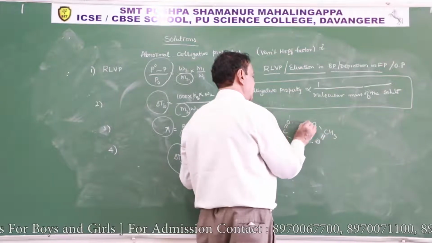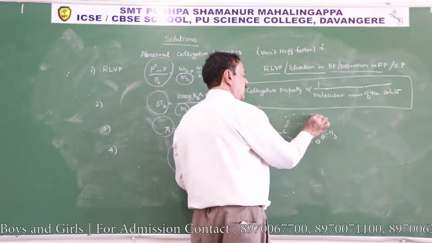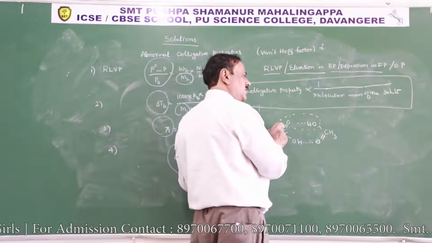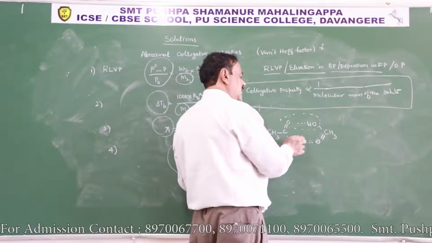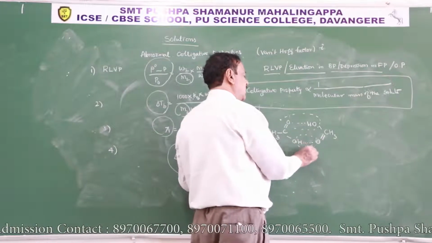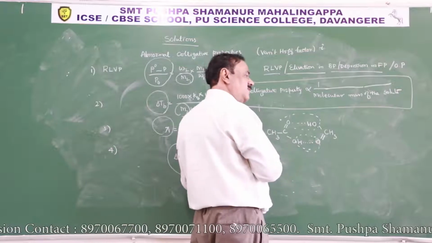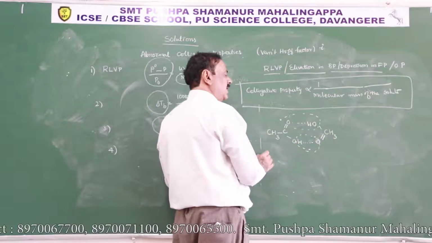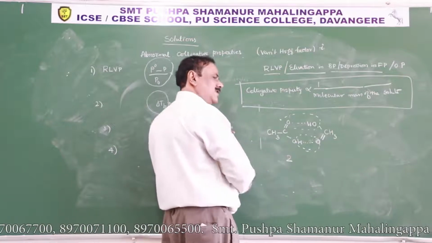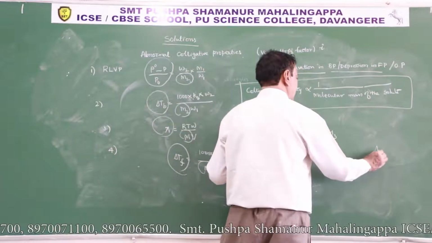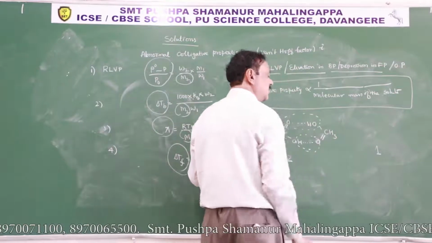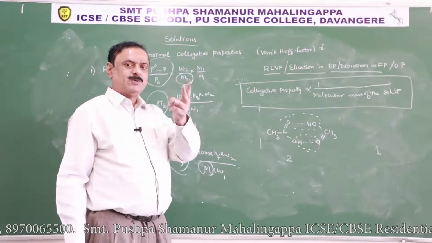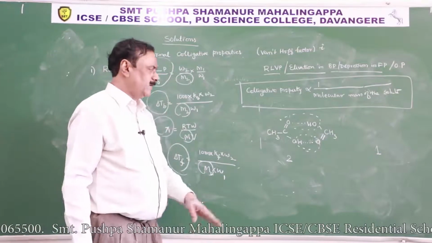They form the dimer due to hydrogen bonding, the chemical bond formed between the hydrogen and oxygen of the neighboring molecules of the same substance. See, this dotted line represents hydrogen bonding. Two molecules of acetic acid lead to the formation of one dimer. Similarly, two molecules of benzoic acid give rise to one dimer. Is it clear?